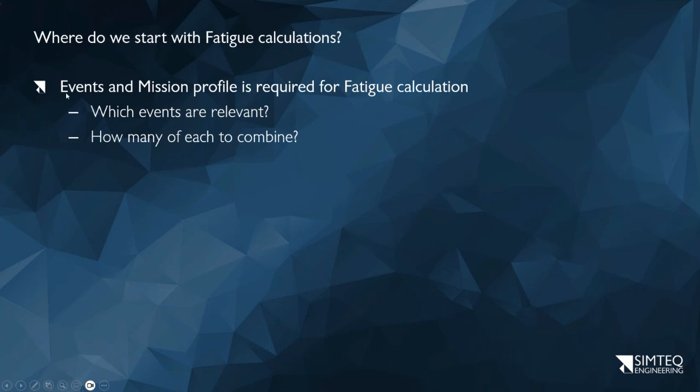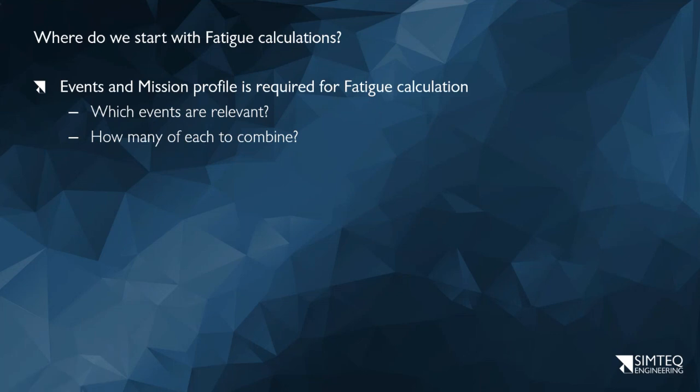And so when I talk about these, the mission profile is the sum total of all of the events and how many of each they occur. And some of the information we can get out of these calculations would be that some events are not relevant, maybe.